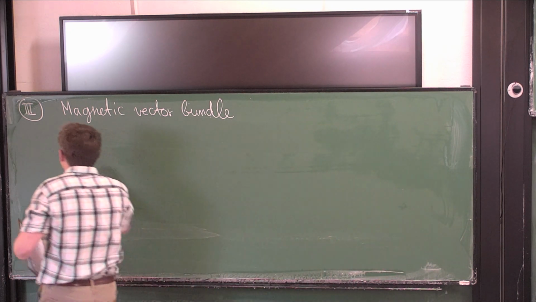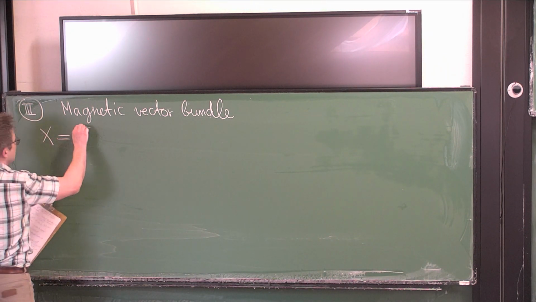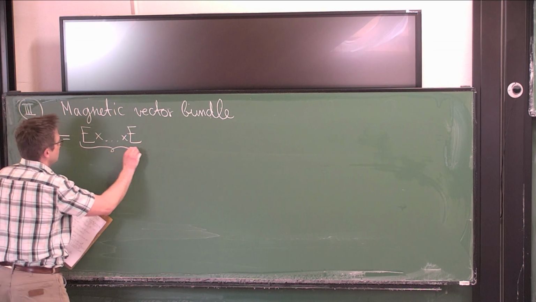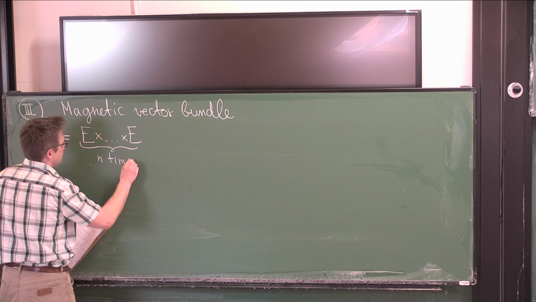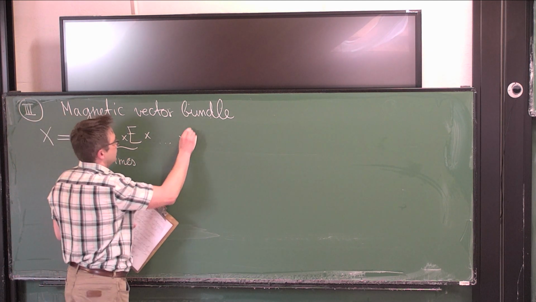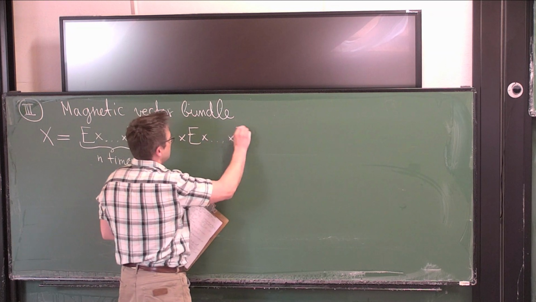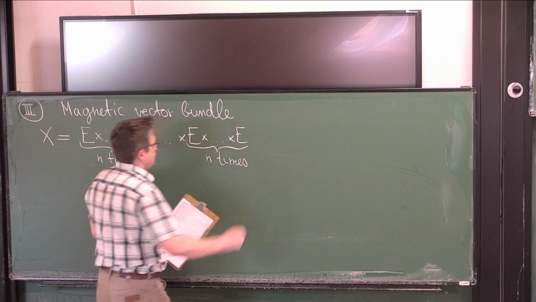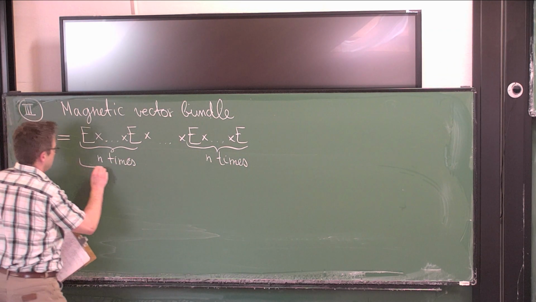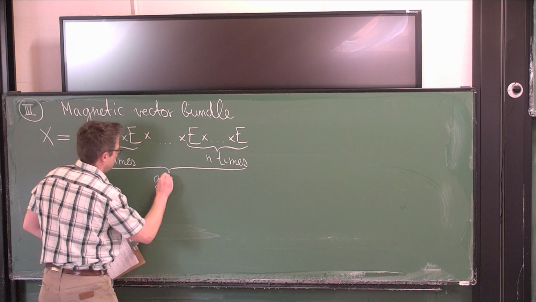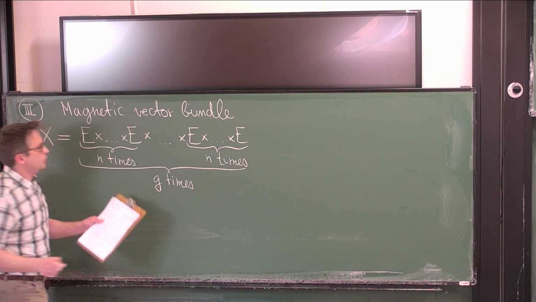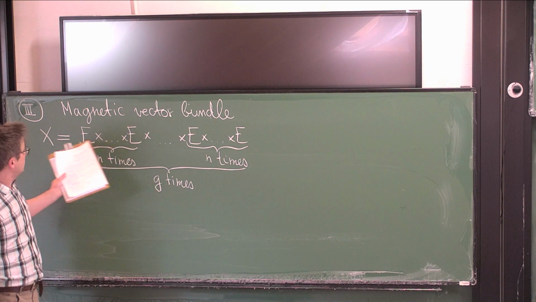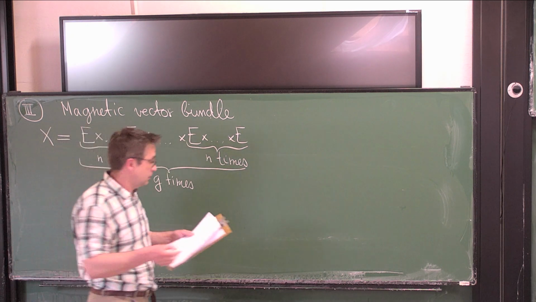So I introduce for this a space X. Altogether I have G times n components, and on this space I have a line bundle L.